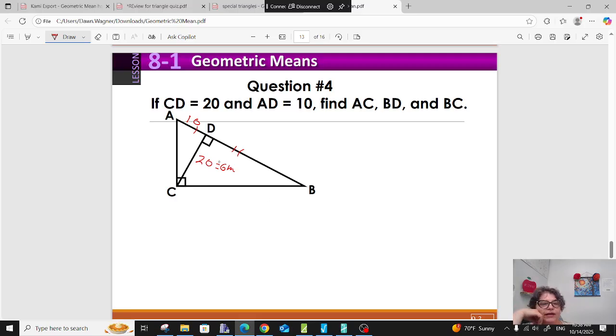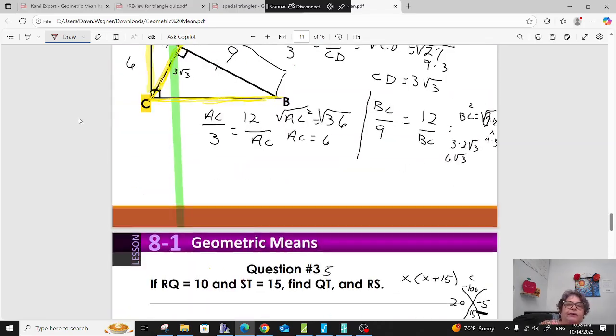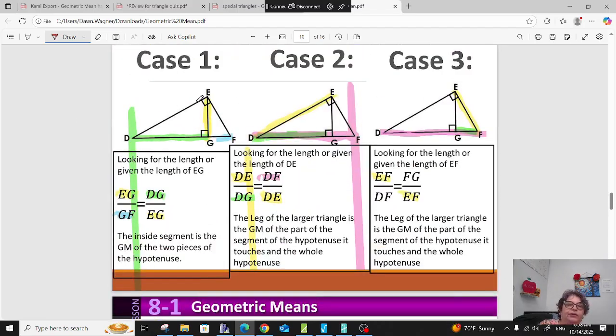So if CD is the geometric mean, where do I place it in the proportion? No, it'd be CD up and down. Because if you look back here, that altitude in the middle is the one you see up and down, and it's the two pieces that are in the other spots.